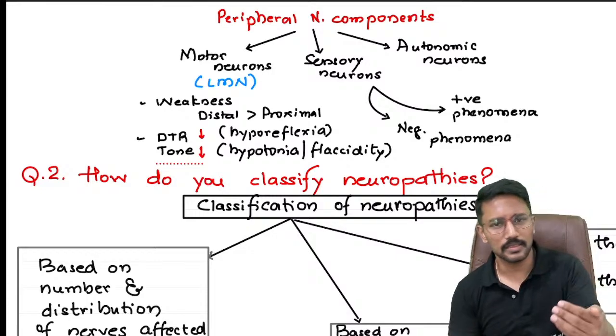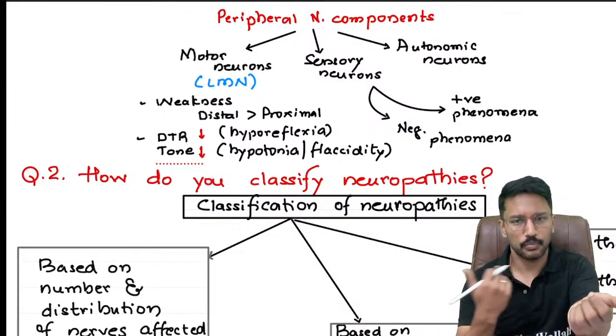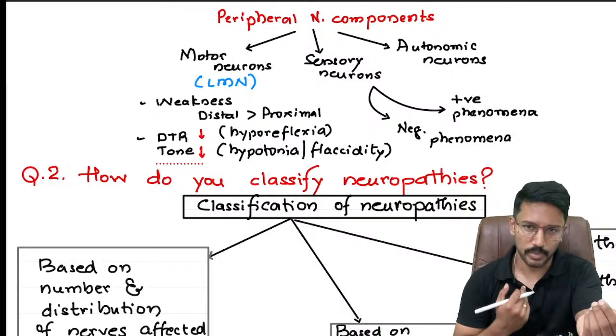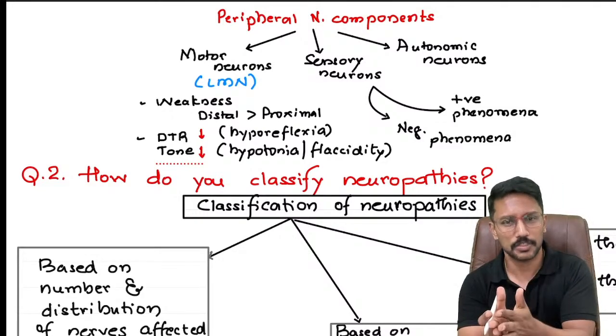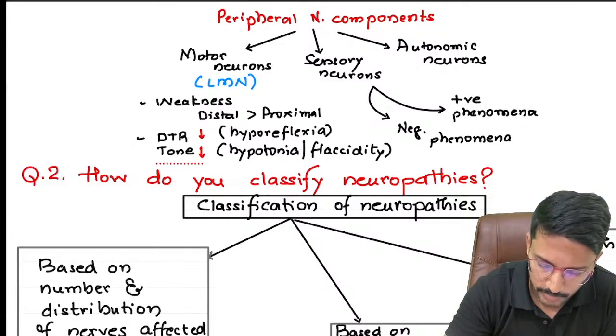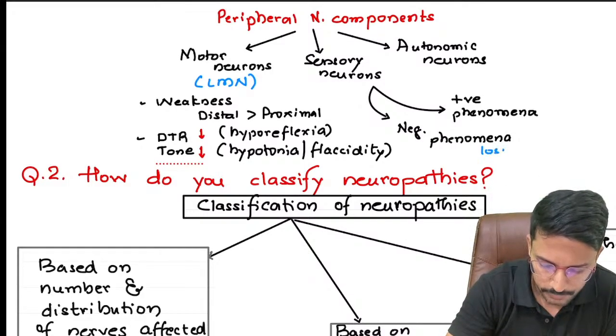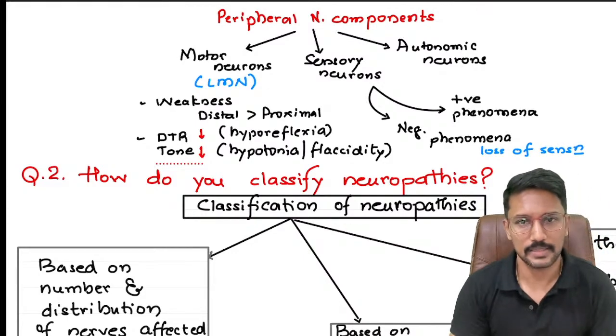Touch, pain, temperature, I should be able to feel, but now I'm not able to feel them because my sensory neurons are dysfunctional. So these symptoms come under negative phenomenon, which basically means loss of sensations.